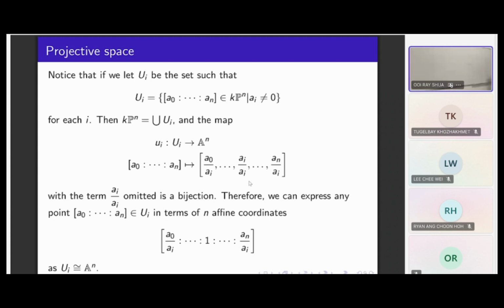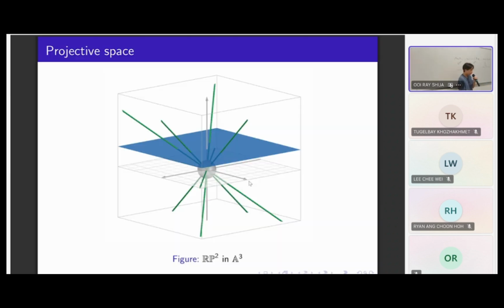Okay, this is something that I want to talk about from the jazz. I think it's pretty interesting. It says that if you take the set of U_i, the equivalence classes of points in your P^n space, and you take one of the a_i and fix it as a constant, meaning you're taking a certain level, just like just now.